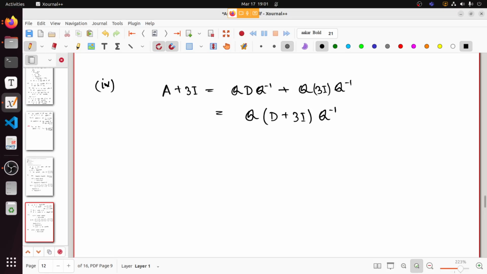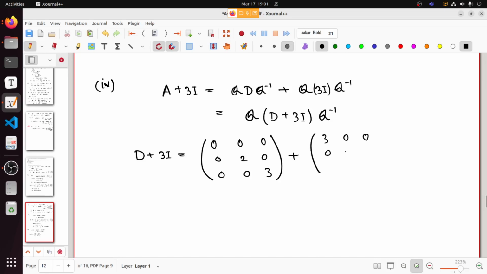So what is D plus 3I? [0, 0, 0; 0, 2, 0; 0, 0, 3] plus 3I, which is [3, 0, 0; 0, 3, 0; 0, 0, 3]. So this is [3, 0, 0; 0, 5, 0; 0, 0, 6], right?